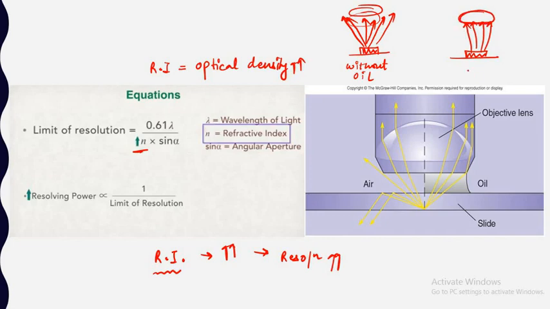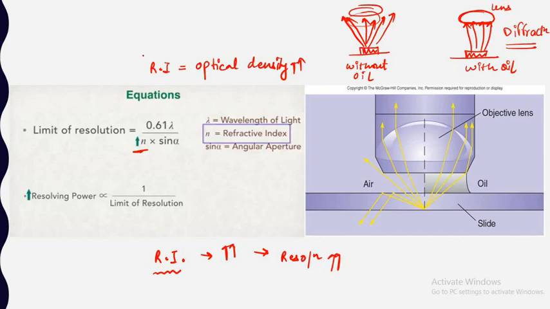So you see here, with oil, the path is where diffraction was less. The lesser the diffraction of the light waves coming from the source, all the rays are absorbed by this lens. And these rays will help in the formation of the image.